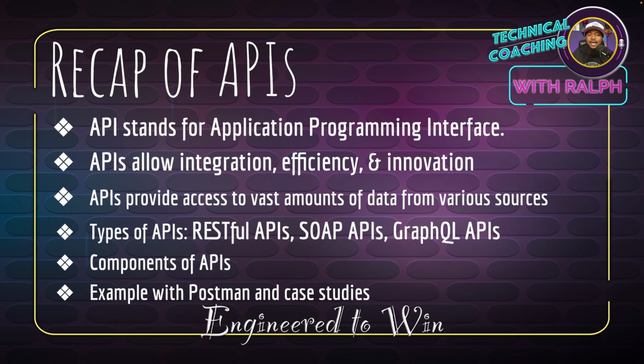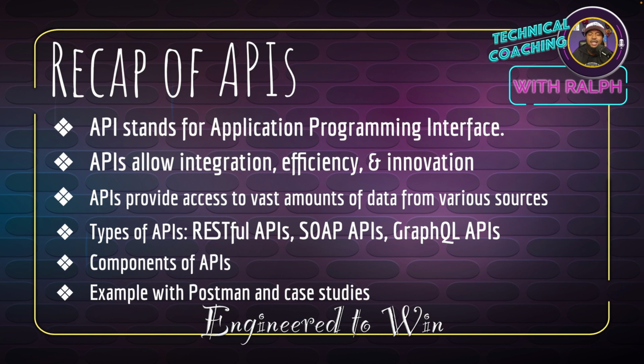So in last week's episode of Software Explorations, we went through what APIs are. Let's do a quick recap. API stands for Application Programming Interface. APIs allow integration, efficiency, and innovation, amongst other things, but those are the really core parts of what APIs allow us to do. APIs provide access to vast amounts of data from various sources, and you can connect them together.